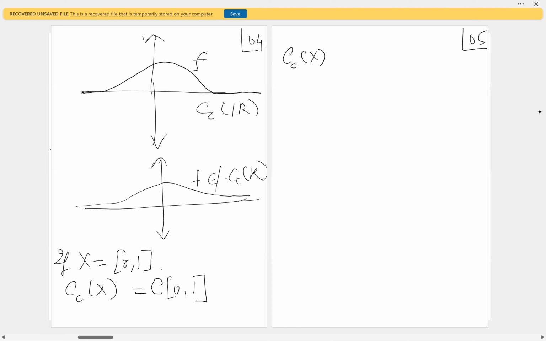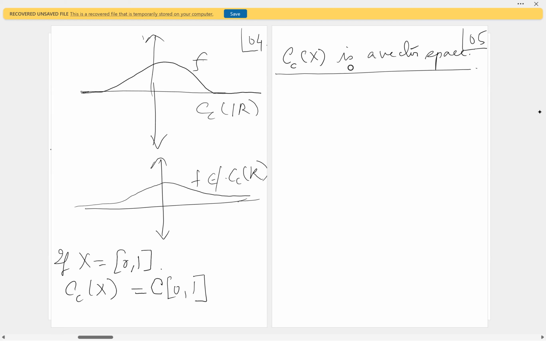Now I want to give C_c(X) a vector space structure. Why do you think this is true? Continuous functions form a vector space. We need some more conditions, right? First of all, is this non-empty? Why would C_c(X) be non-empty? Trivially, at least the 0 function is here, isn't it?